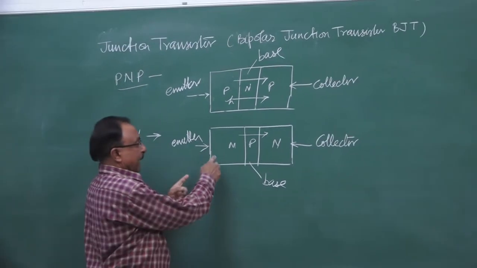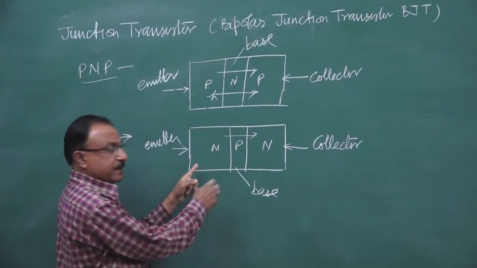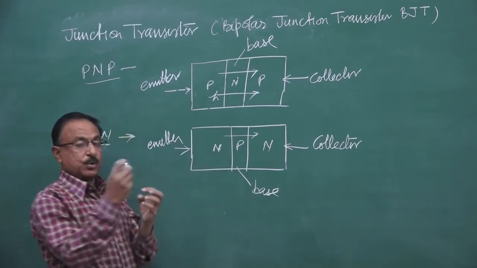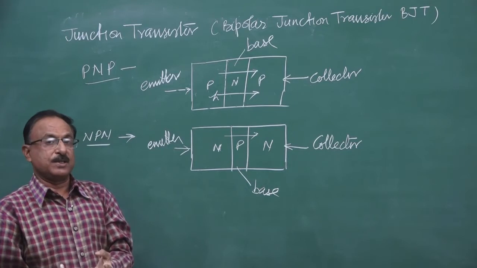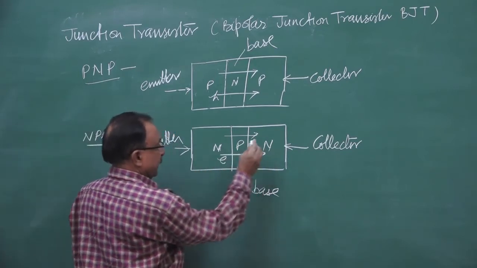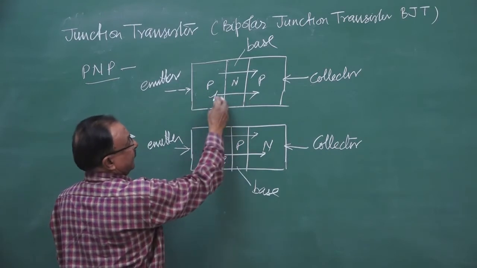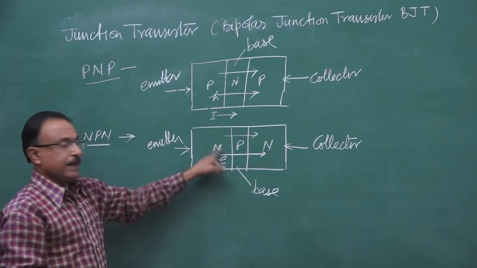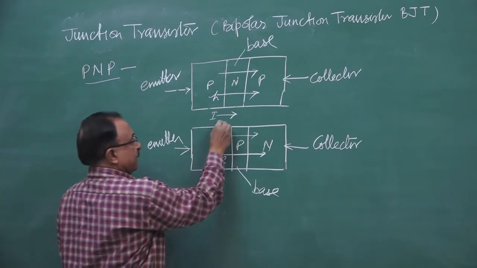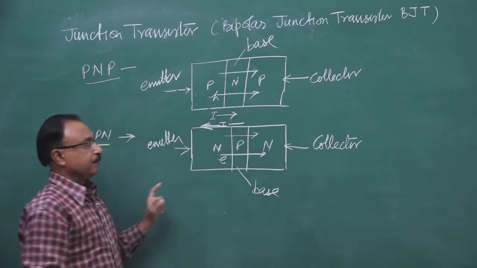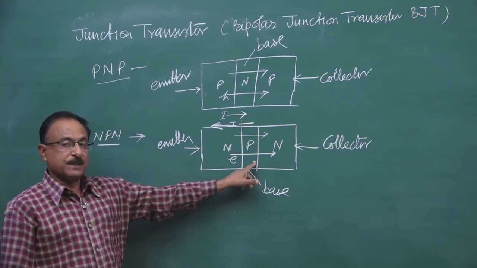And in the NPN, because emitter is an N-type semiconductor, which is the source of the electron, where the majority charge carriers are electrons, here the current will be because of the flow of the electron. So in the PNP, the current will flow from emitter to base, while in the NPN, the direction of the current will be from base to emitter, because electrons are going from emitter to base, right?